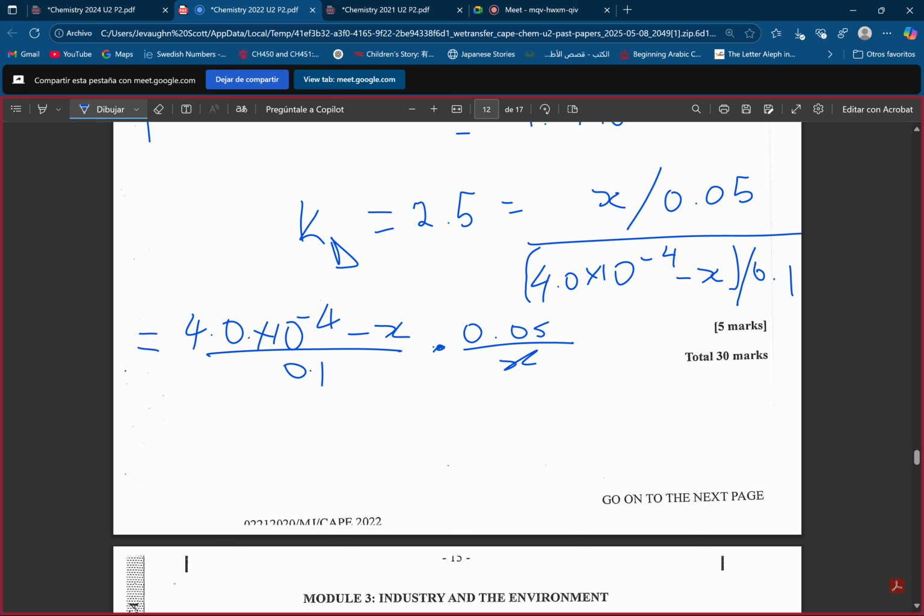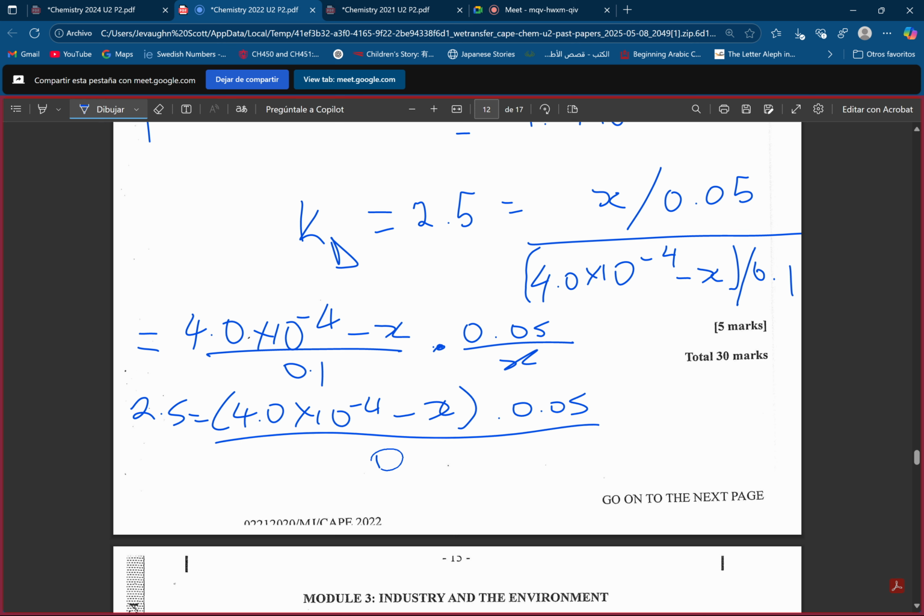So that would now give us 2.5 is equal to 4.0 times 10 to the negative fourth power minus x times 0.05 all over 0.1x.